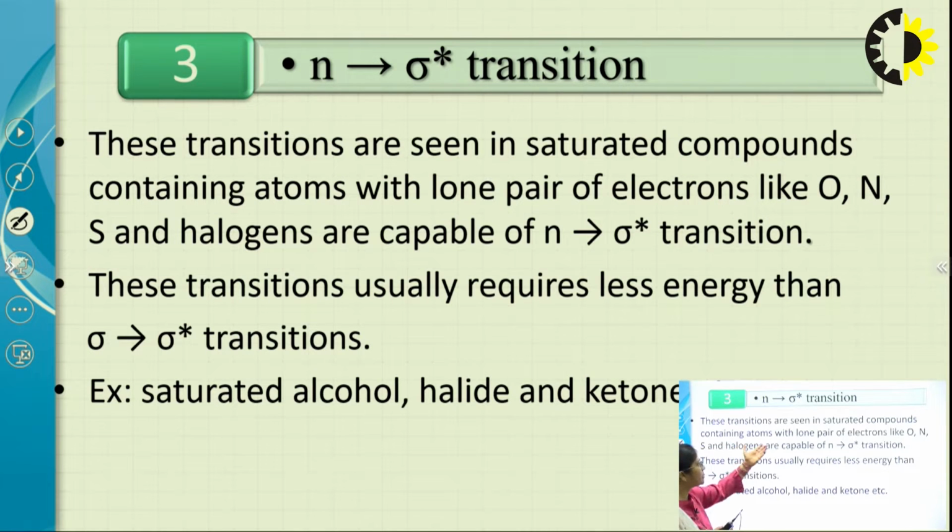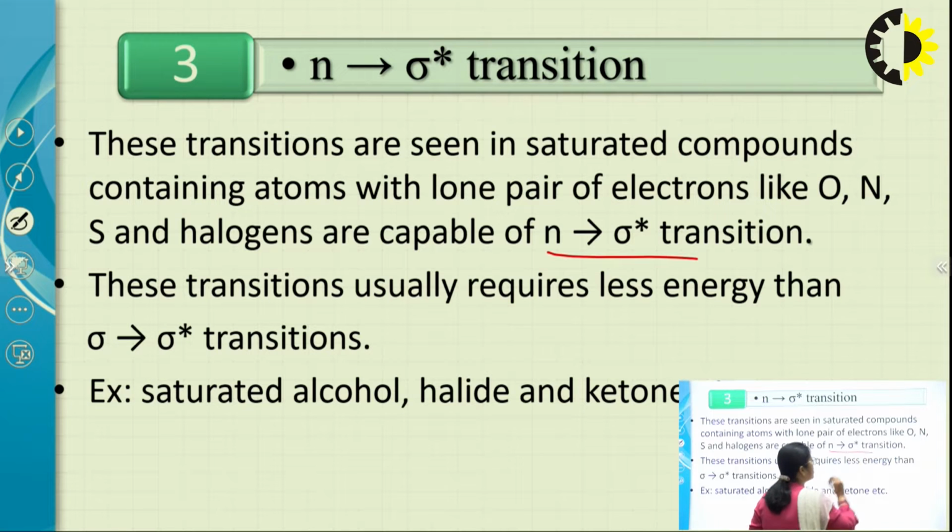So here you can see compounds which contain oxygen, nitrogen, sulfur or the halogens, but they are saturated compounds, that means all the bonds are saturated or single bonded. They are capable of showing n to sigma star transitions. And these transitions require less energy in comparison to sigma to sigma star transitions, but more energy than the pi to pi star transitions.